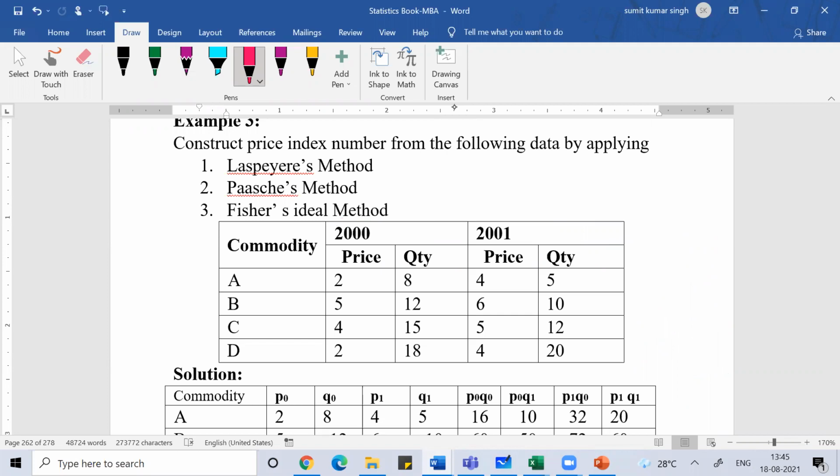Till now, does anyone have any doubt? Any question, anyone?